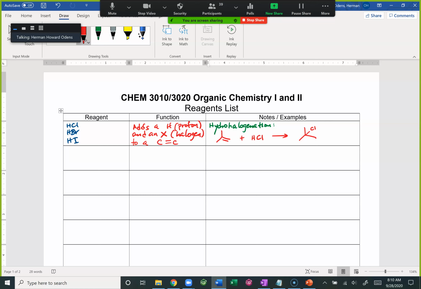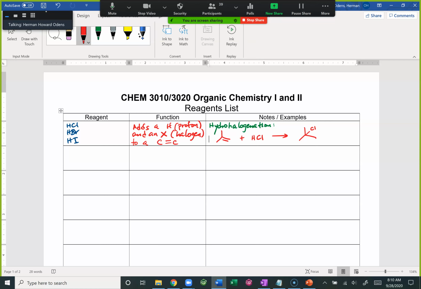All right, so that will be how I would love you guys to proceed, because if you do this, you will learn more. So be proactive. Don't let this blank reagents list be forgotten in Canvas. From this point on, keep it as a journal.